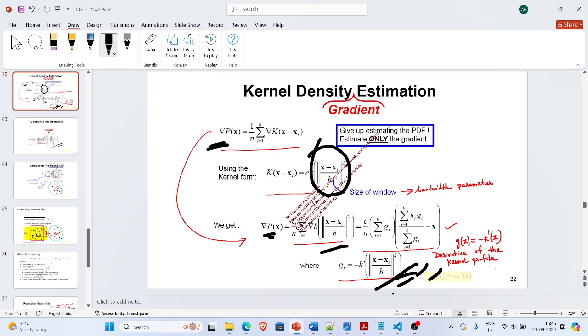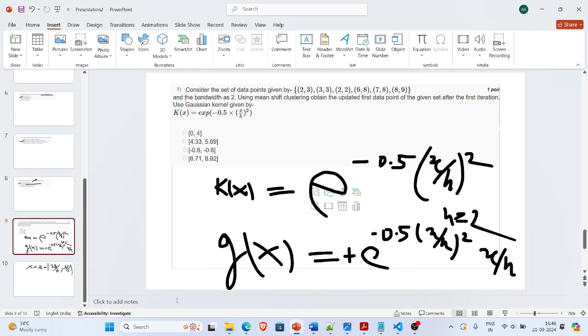Or h square, h square should be there, right? Yes, so divided by h square here. So what it will result in this, and you have to put it into this formula.